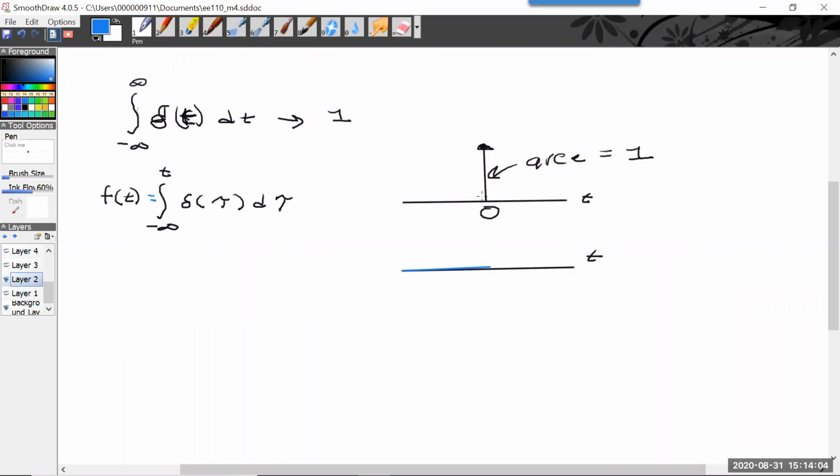As it comes along and the integrator operation goes over the delta function, the area is 1, but there's nothing to subtract the area, so it never goes back down. So what we're getting is now the step function.